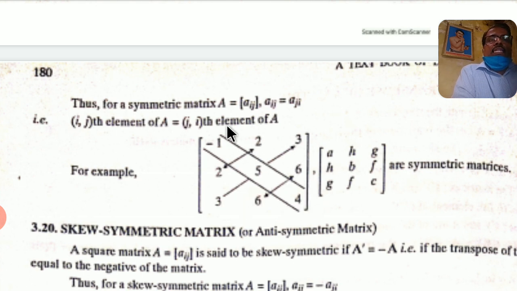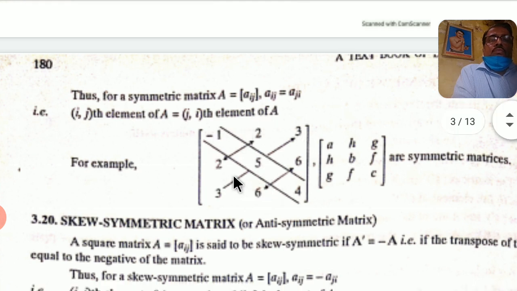If you take the transpose of this, the first row, -1 2 3, converts into a column, -1 2 3. Similarly, 2 5 6 becomes a column, and the row 3 6 4 becomes the column 3 6 4.